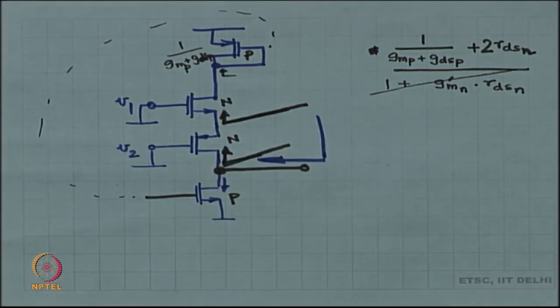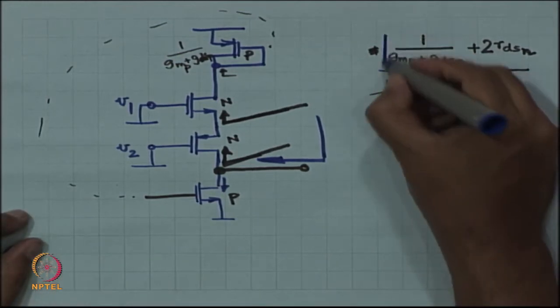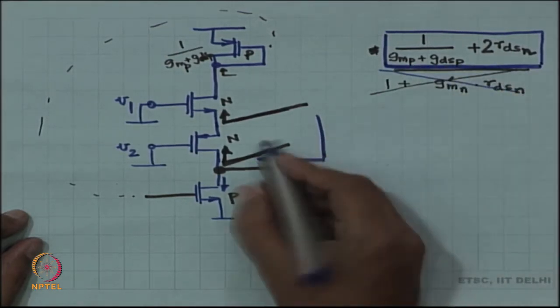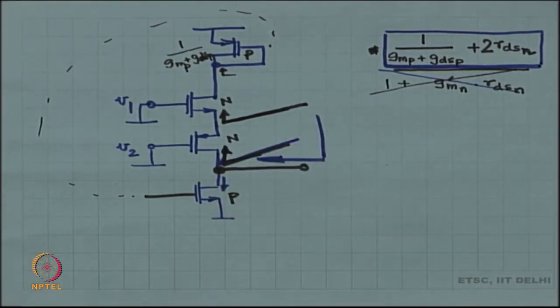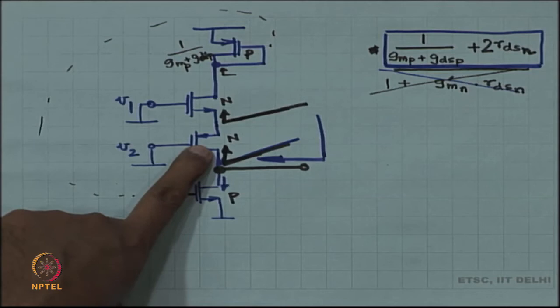I hope by now you have memorized the two formulae. Okay. You see how we are applying the formulae, like it is bread and butter. Okay. So, this is the impedance looking up into the drain of this particular MOSFET. All right.